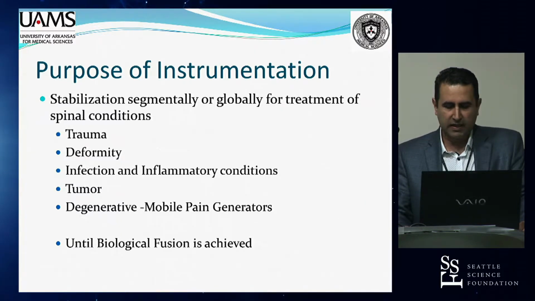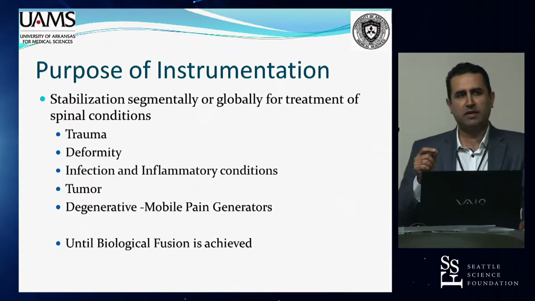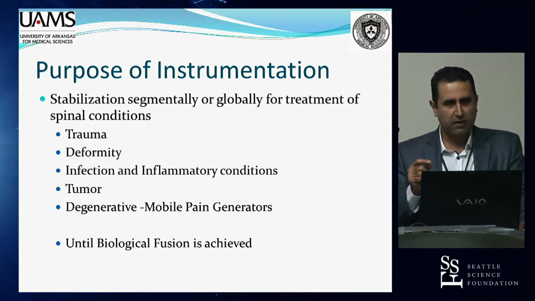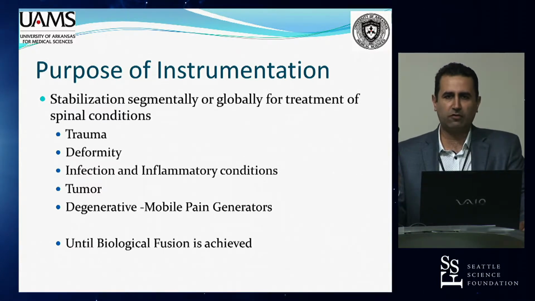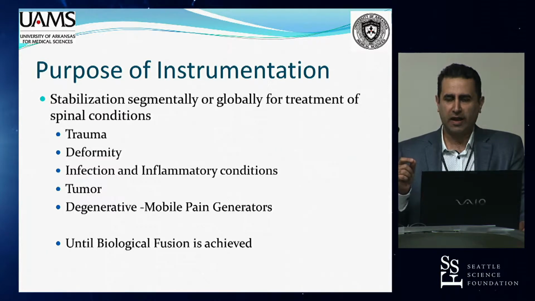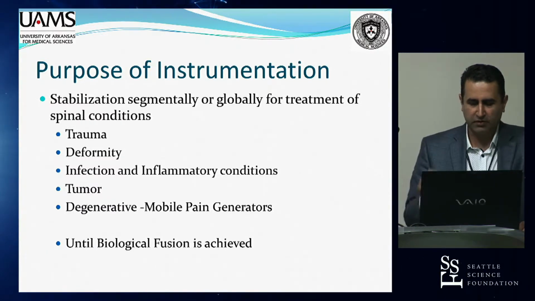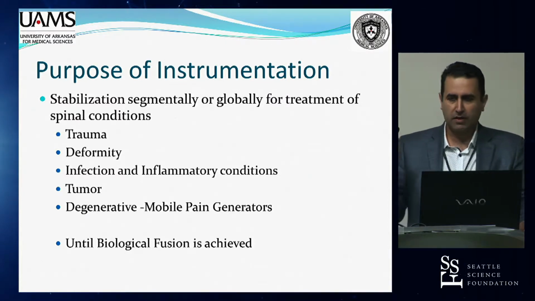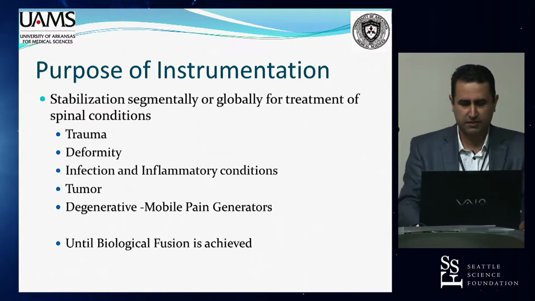But it is, again, this race between failure of the instrumentation and arthrodesis. Biological arthrodesis is achieved in order to achieve the objectives that you have, which is to stabilize and to eliminate a motion segment in the spine for the purposes that we talk about the spine in these conditions.